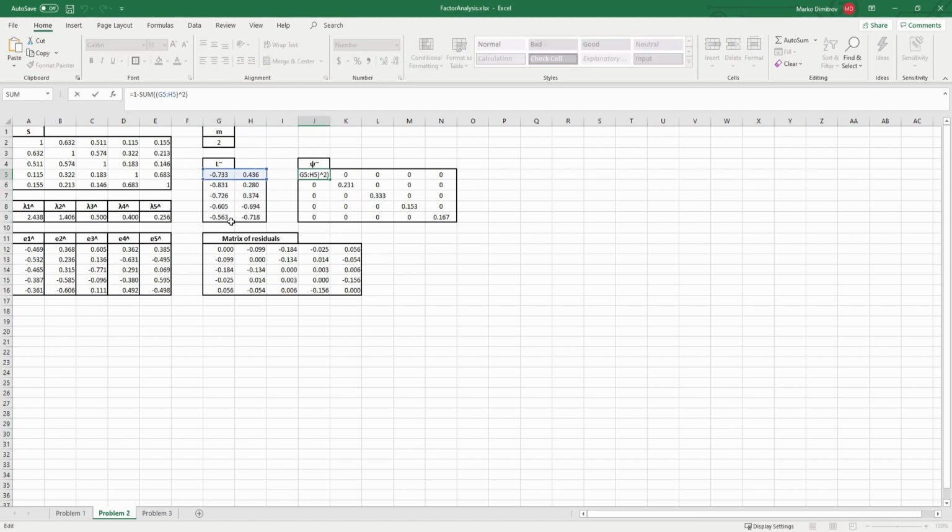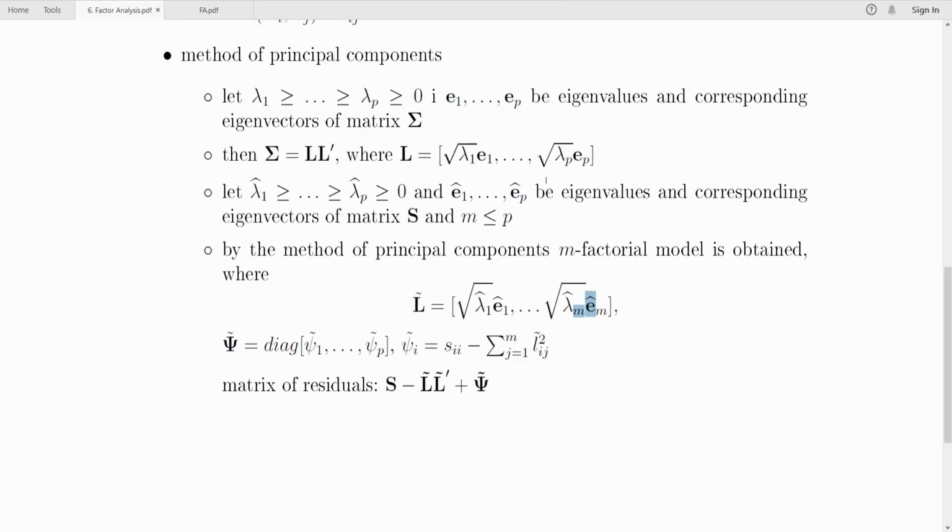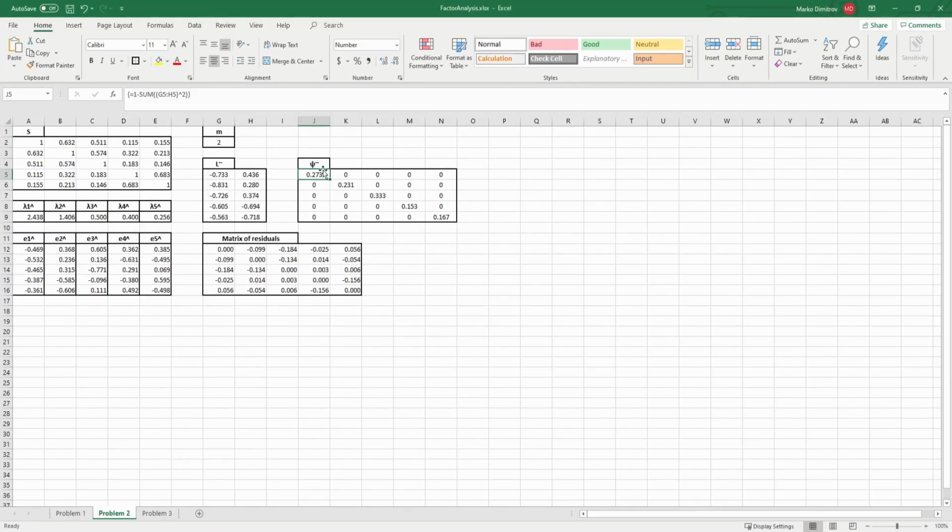Then we can compute those. So 1 minus the squares of those. Let's go back again. Here you can see S11 minus the sum of the squares. So it's given here.